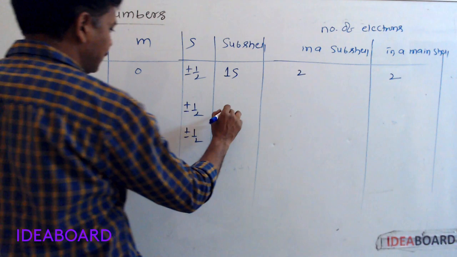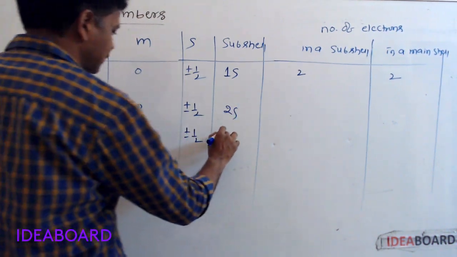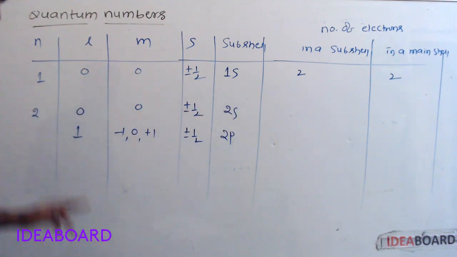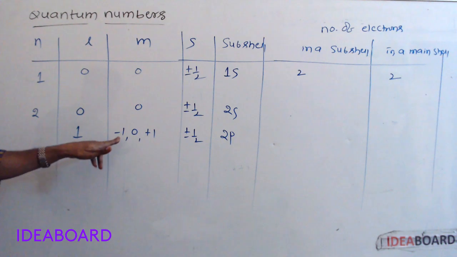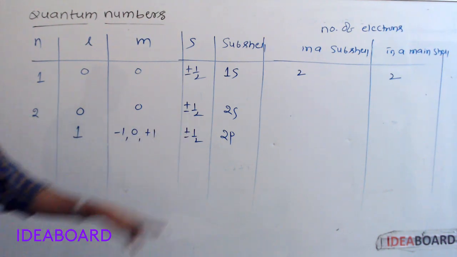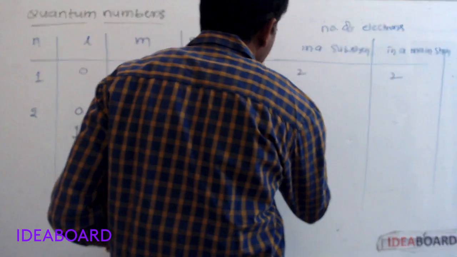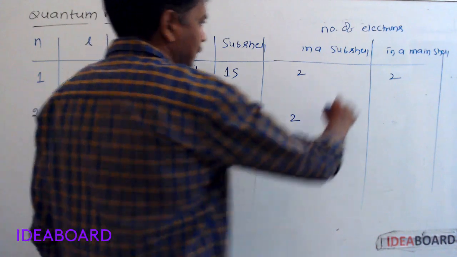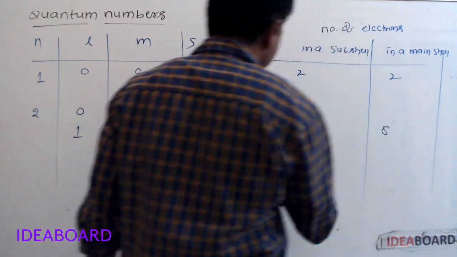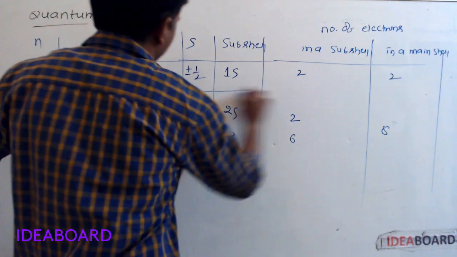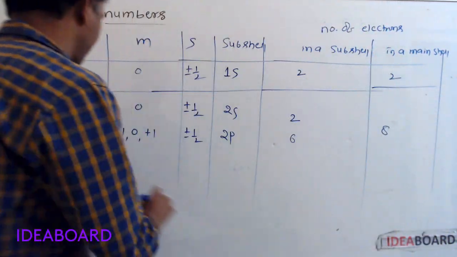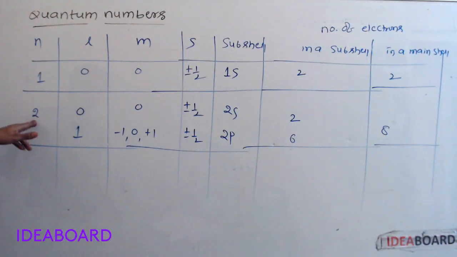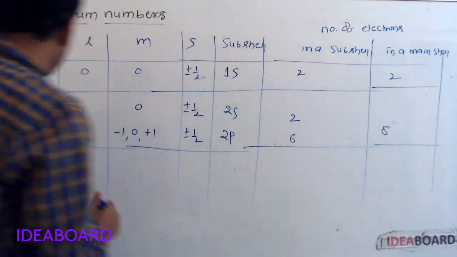With 2, 0, 0, plus or minus 1 by 2, the subshell is 2s. With 2, 1, m values minus 1, 0, plus 1, and S value plus or minus 1 by 2, it is 2p. This 2s can accommodate 2 electrons, and 2p can accommodate 6 electrons. Then the total number of electrons in the main shell is 2 plus 6, 8. So the second orbit can accommodate a maximum of 8 electrons.